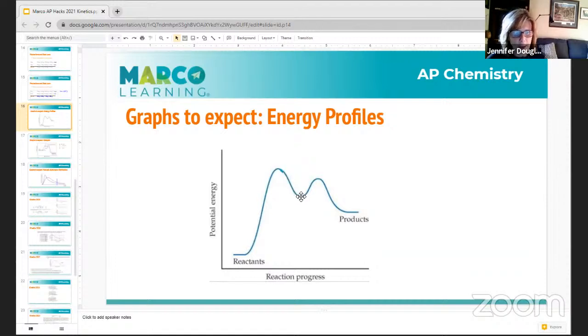And then when you go back down here, that's the products from the first reaction. And then we've got another little activation energy, and then the products from the second one. So this one is an endothermic reaction. That's thermo, because the products have more potential energy than the reactants do. But what it tells us in kinetics is that the first step is a two-step process, and the first step is the slow step. So that's something they could ask you.